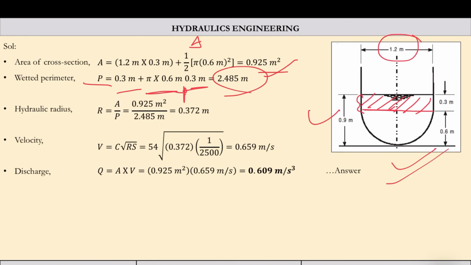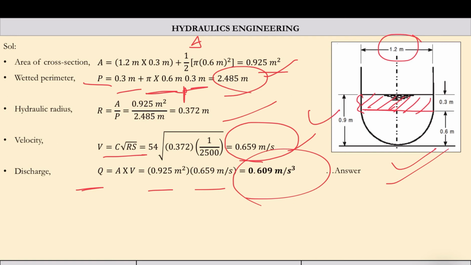So hydraulic radius is 0.925 divided by 2.485, that is area by wetted perimeter, 0.372. Velocity you can calculate by using Chezy's formula. So in this equation, after putting all the values, velocity is coming out to be 0.659. So the discharge will be area into velocity, which is 0.609, in meter cube per second.